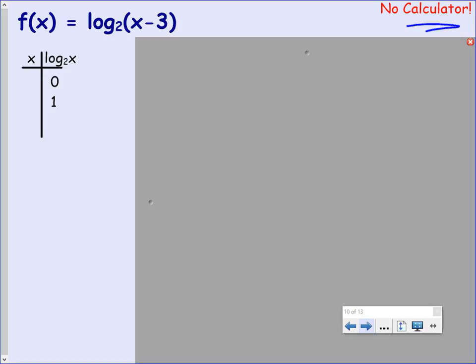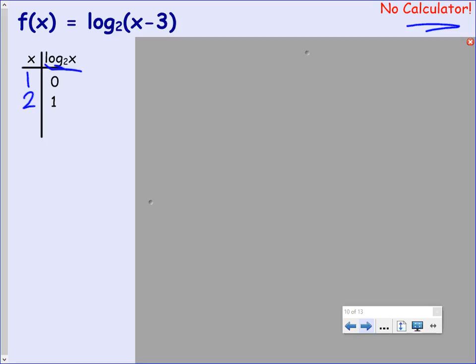So notice that even though this says log base 2 of x minus 3, in my table I have just log base 2 of x. I'm only going to do the basic log function, which should be really easy. When I put in 0, x would be 1. When I get out 1 for the log, then my x is the base, which is 2.